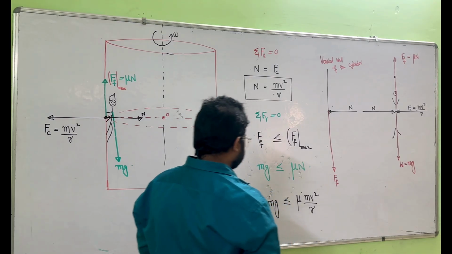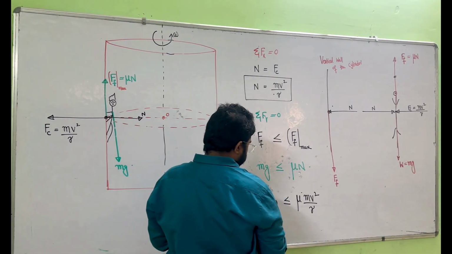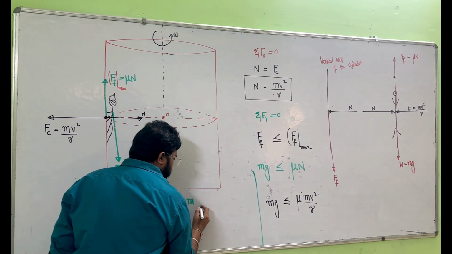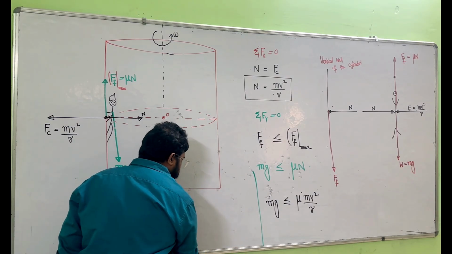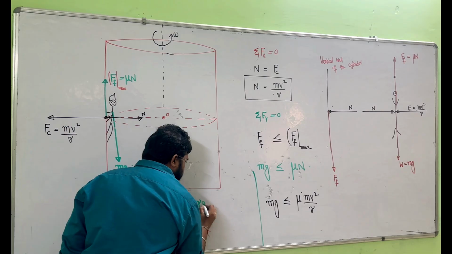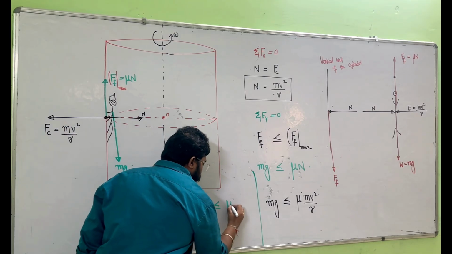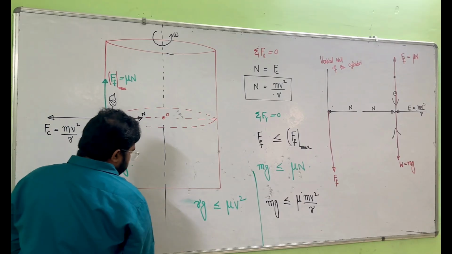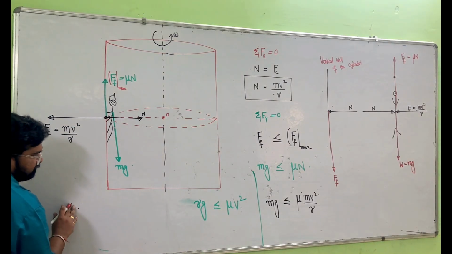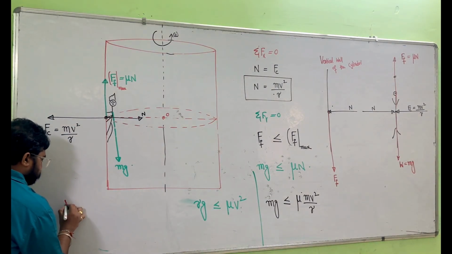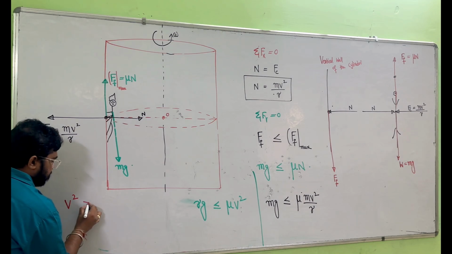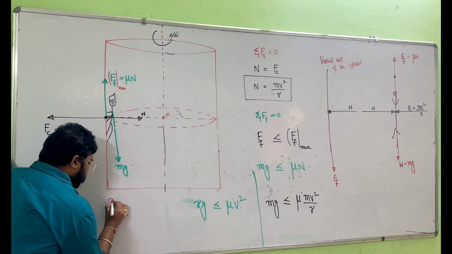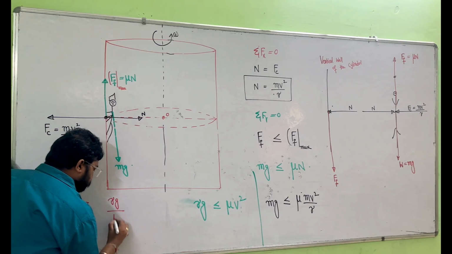The m gets cancelled out: rg is less than or equal to mu into v square. So v square is greater than or equal to rg by mu.